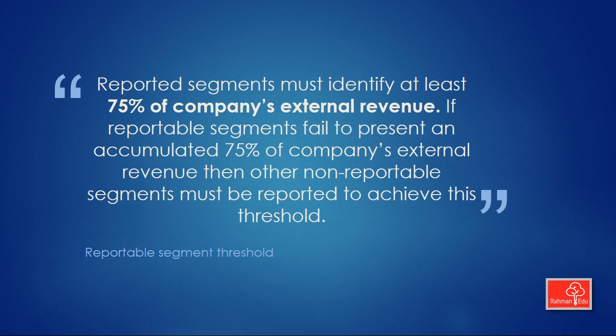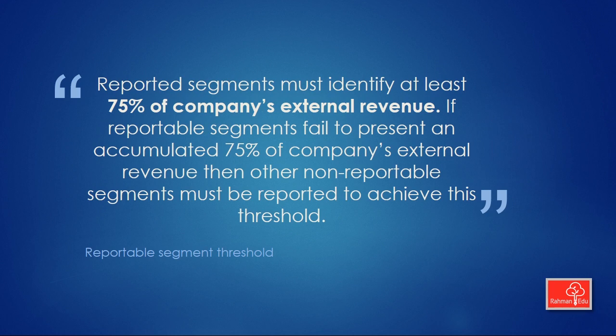Now, there is another principle provided by our standard: reportable segments must cover at least 75% of the total external revenue of the entity. How much have you covered? 70%. But the required coverage is at least 75%.